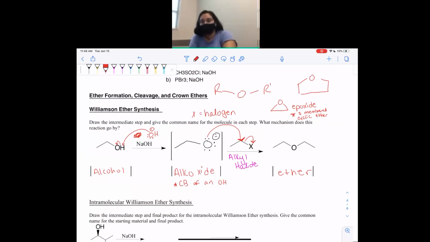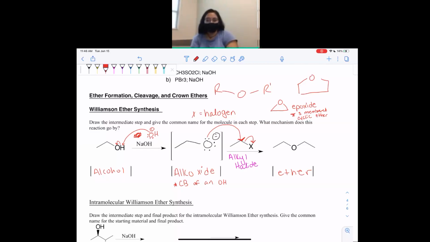Any questions about this mechanism? I'll give you a minute if you want to write it down or take a screenshot or whatever. And also if you have any questions.